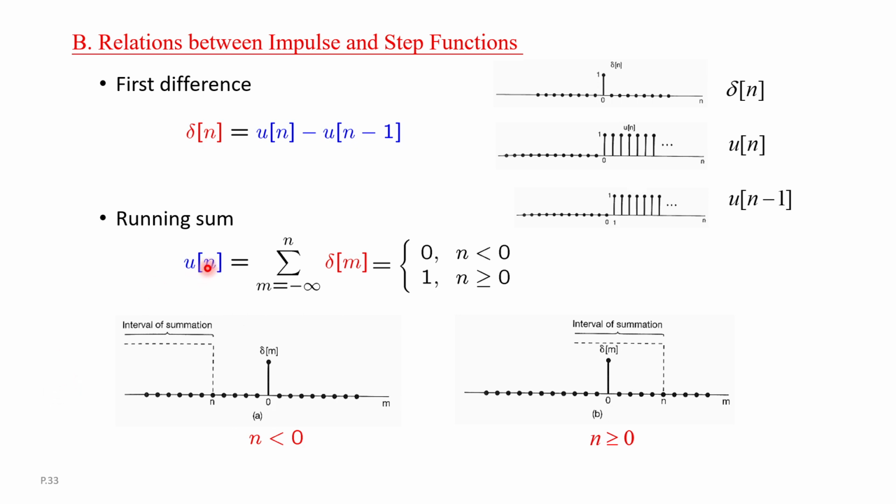If you picture this, you are summing over this m axis up to n. If n is less than 0, you are only summing over all the 0 parts, so your summation is 0. If n is greater than or equal to 0, then you have summed past the impulse, so your summation result is 1. So we check that this formula is correct.